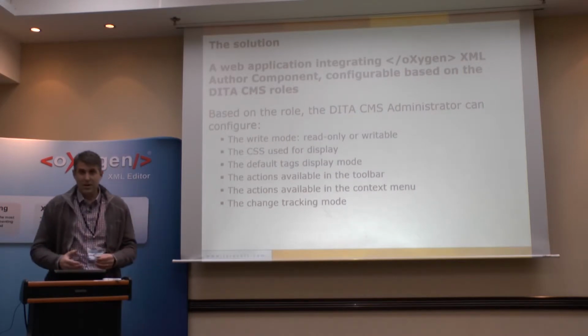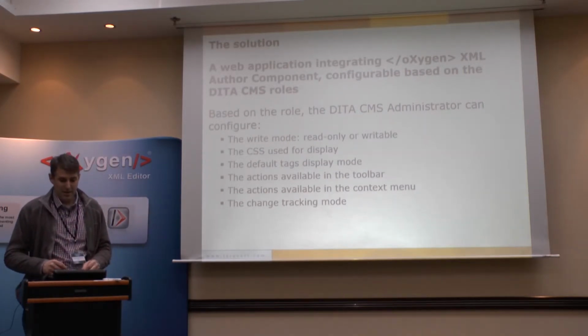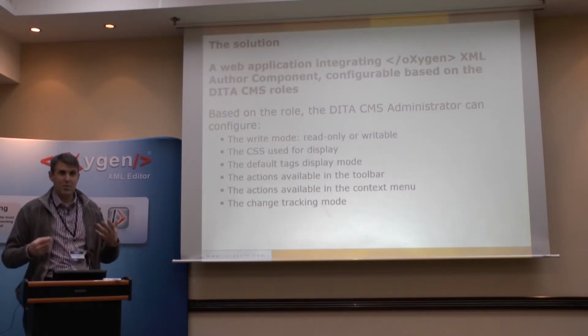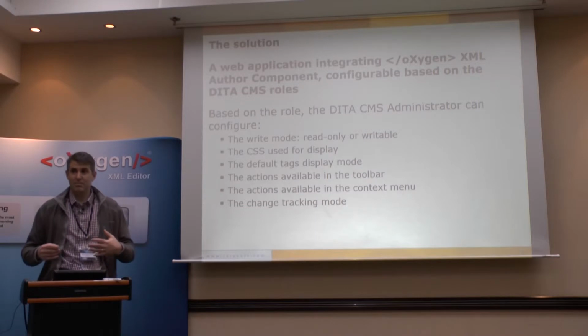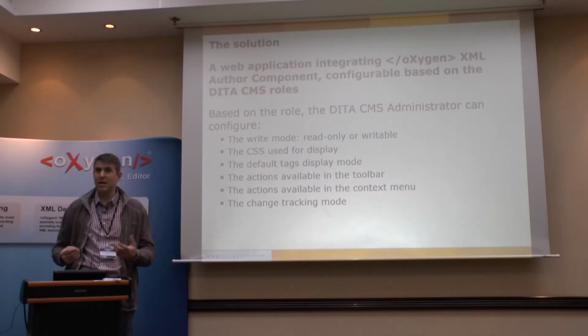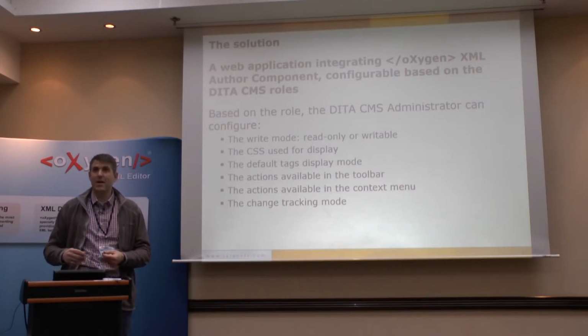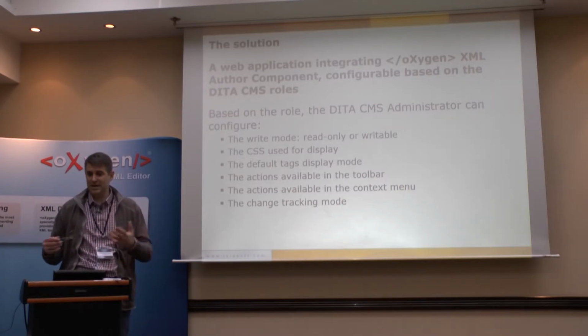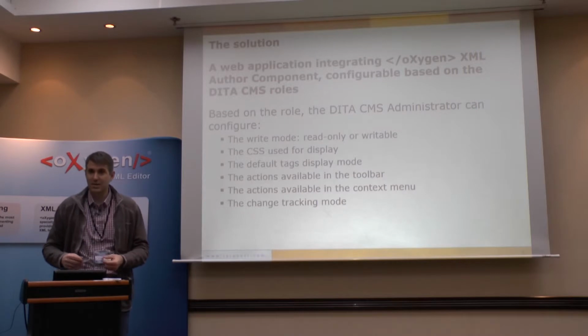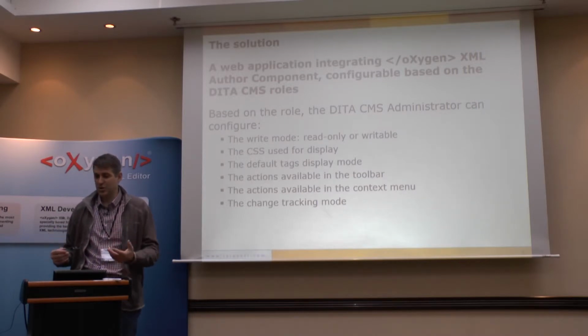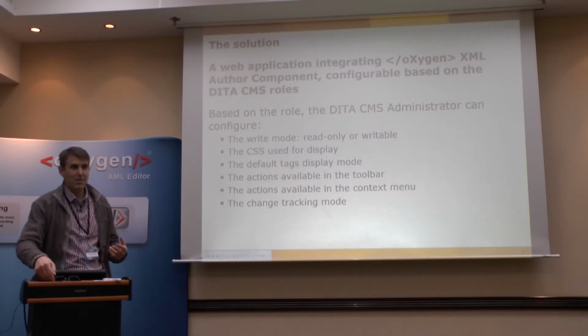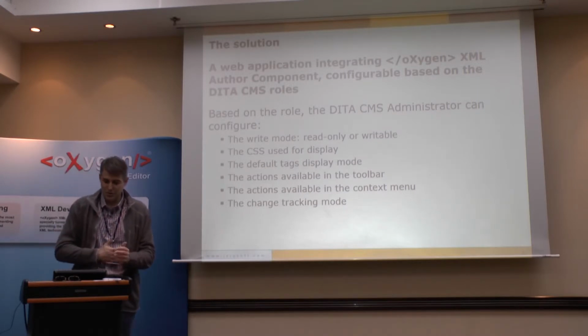So the solution we came up with is a web application integrating the author component, but where the author component is externally configured based on the role of the user. In our CMS we have a notion of roles, so you can configure those roles, and in our web author you can configure how the oXygen author component looks for the different users.